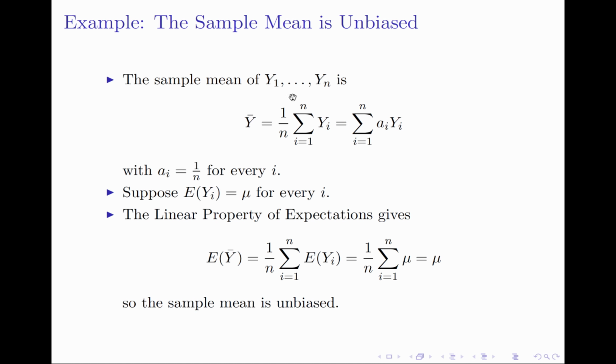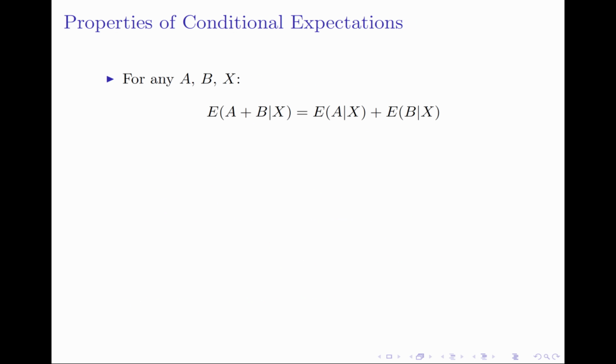When we take the expectation of this quantity, the E comes through the summation and through the 1 on n, because that's a constant, and we've just got the expected value of yi, which is equal to mu. So we're just adding up mu n times, dividing by n, which cancels out and leaves us with mu at the end. So the sample mean is an unbiased estimator of the population mean. A simple result, but a good bit of practice for using that linear property of expectations.